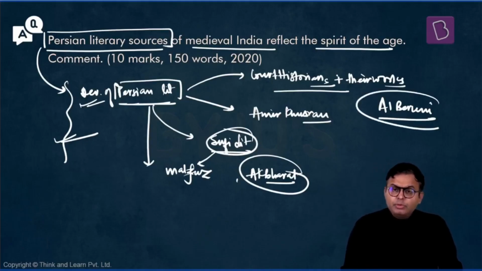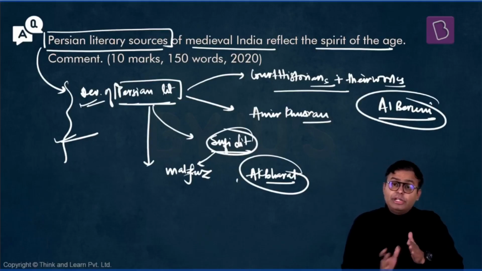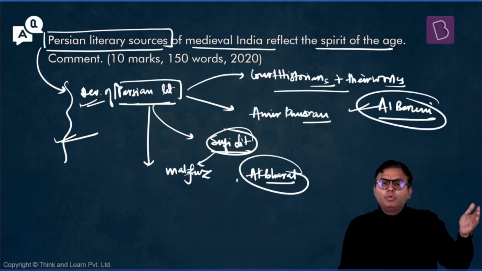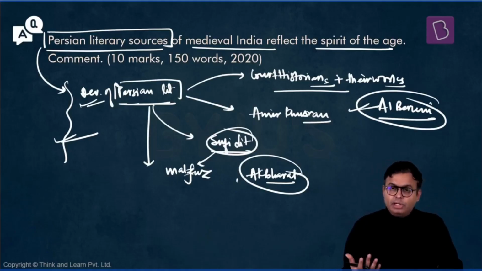So when we understand Al-Biruni, who went to the extent of studying Sanskrit so as to very accurately interpret the Sanskrit texts, we have to understand his purpose. But when we talk about Minhaj Siraj, we have to understand that his purpose was to write or compile the history of his patrons. So definitely in Minhaj Siraj's account, the inclination will be more favorable towards the state than in Al-Biruni's account.